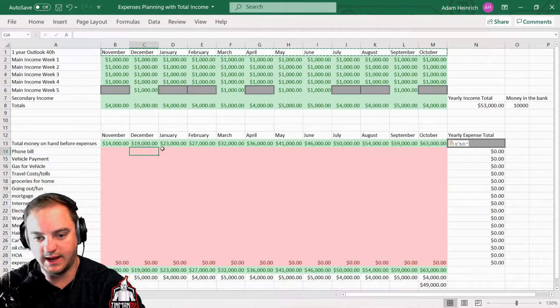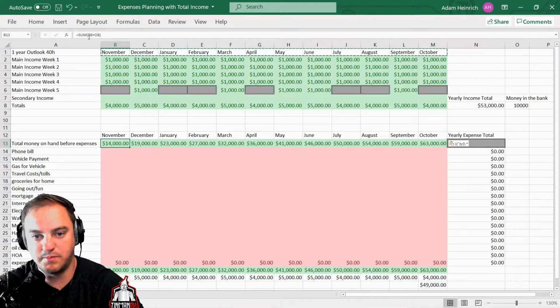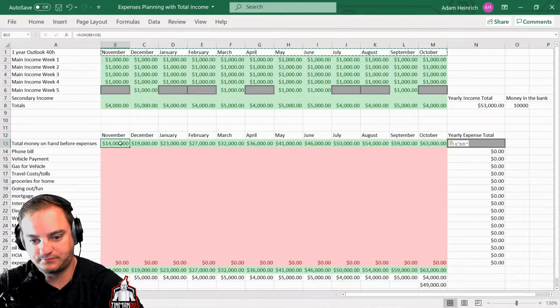They're all correct again. So here, it takes the money that you have in the bank with this B8 plus O8. O8 is this box over here, money in the bank. Then it adds it with the total of this one. You have 14,000. This one will take B30 plus C8.